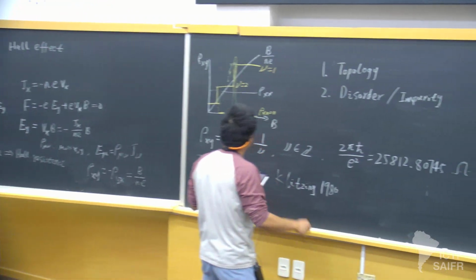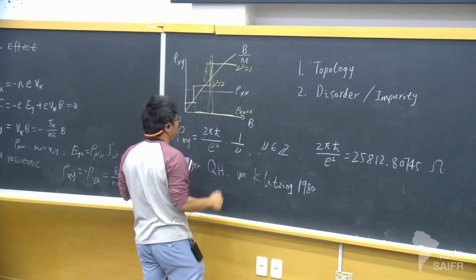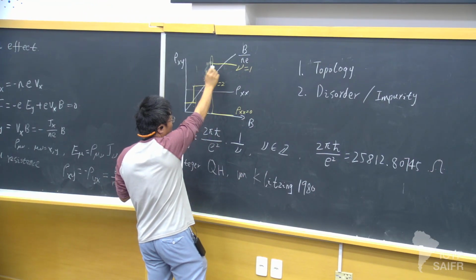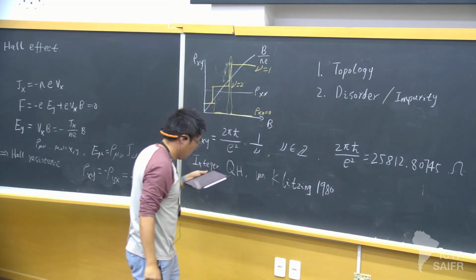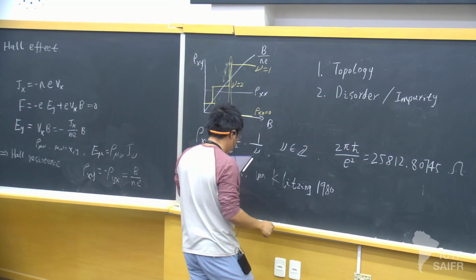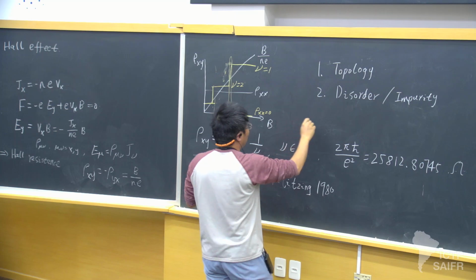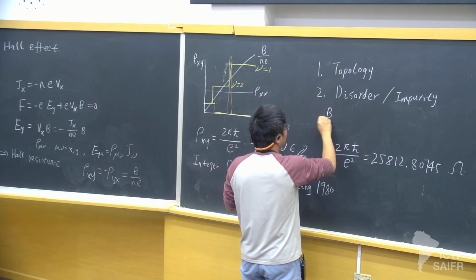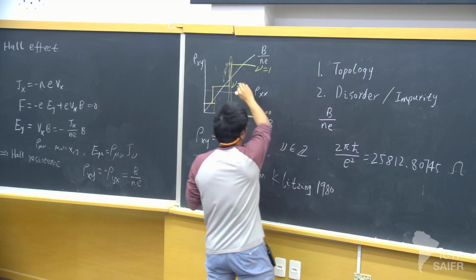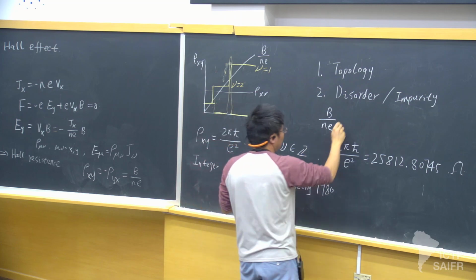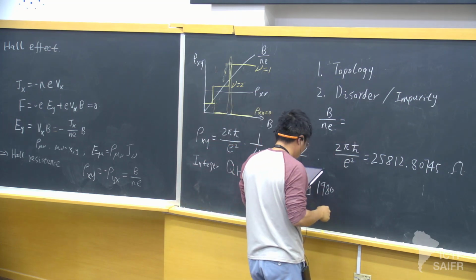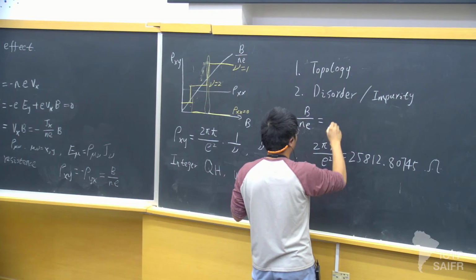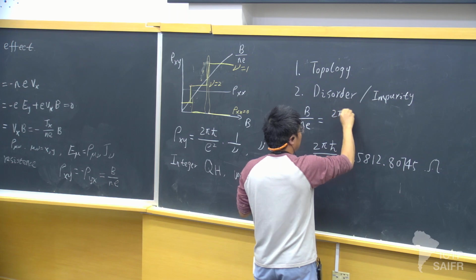And then actually you can read out the rough value of the magnetic field. So the thing is, for a certain magnetic field we should have this classical resistance equal to my quantum Hall resistance, right?